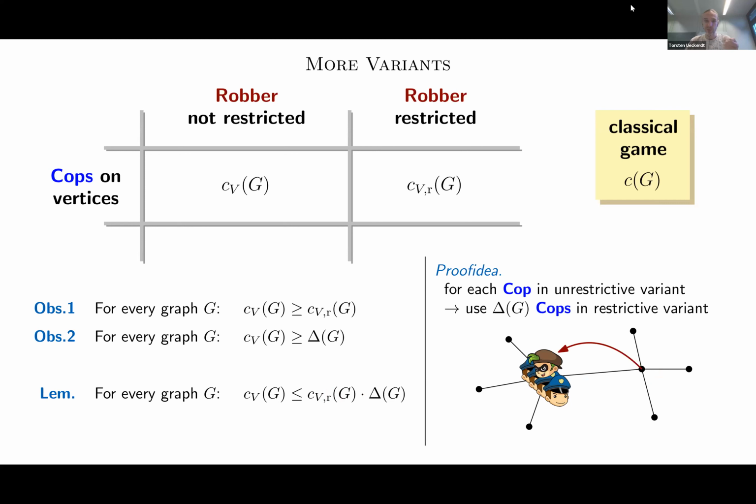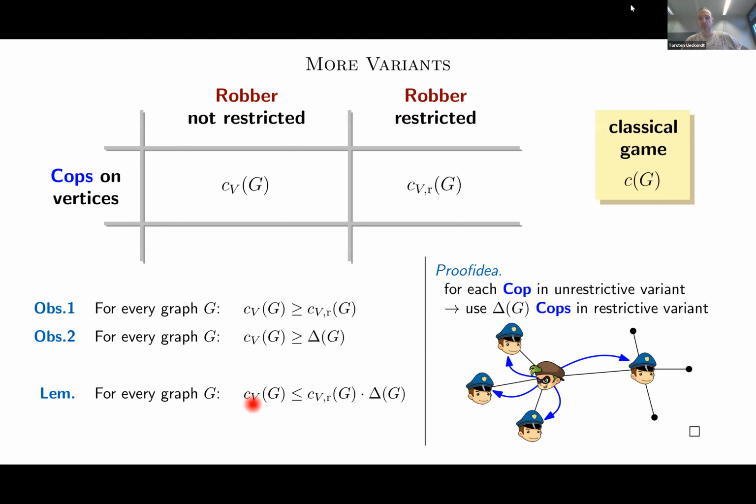However, in this case, if he ends his turn there, now it's the cops' turn, and the delta cops on this vertex can just spread out and surround him. Okay, good. So this shows that the unrestricted variant is always at most delta times the restricted variant. And before I showed you that this is also tight. So sometimes you need to pay this factor of delta.